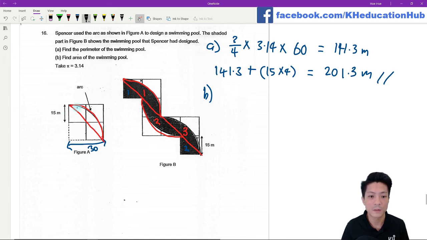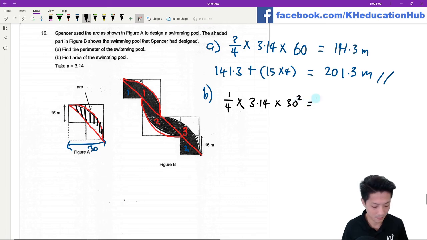Okay, to find the area of this part here, I need to use a quarter circle. Since this is perimeter, so I cannot do that. A quarter times 706.5.